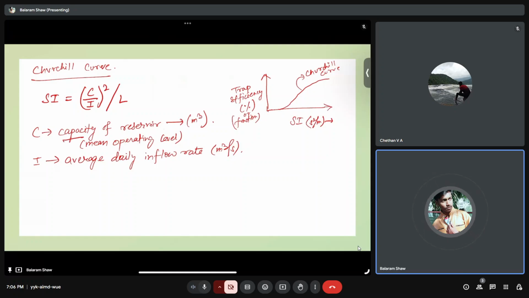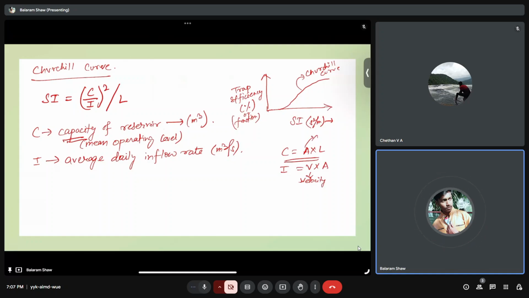How do you calculate the capacity? If you know the area and the length or the width, you can just multiply that and you get C. And how do you get I? I is the inflow rate, so you can calculate it as the velocity into area.